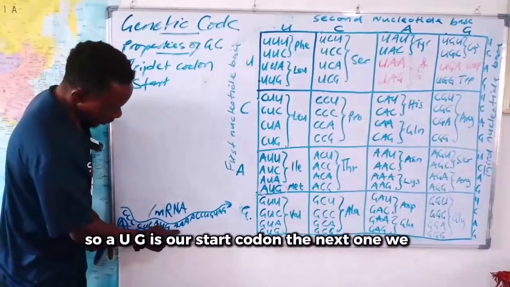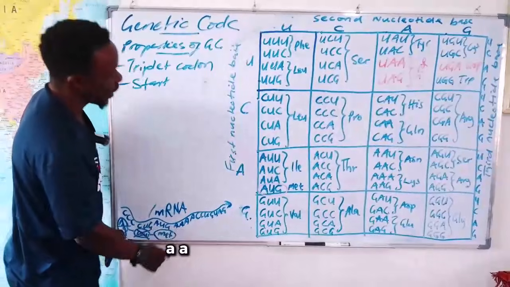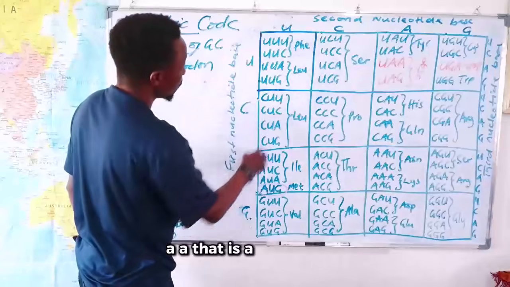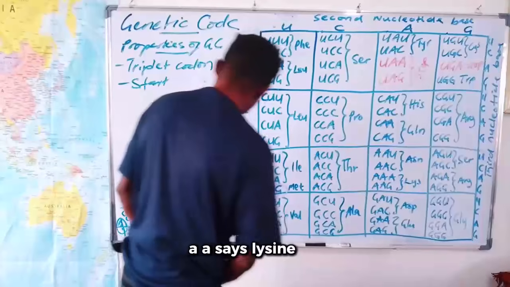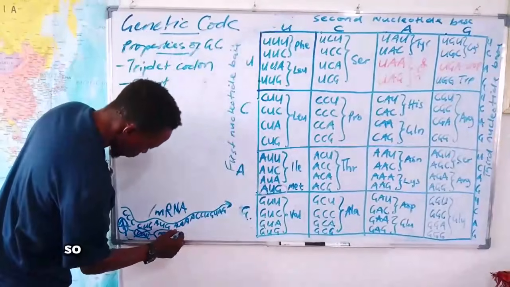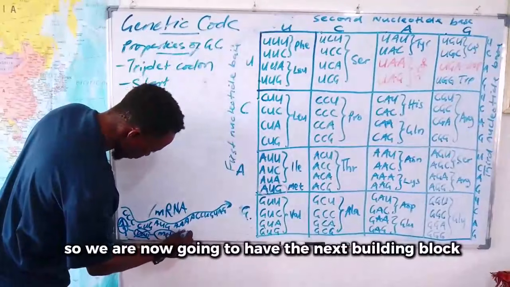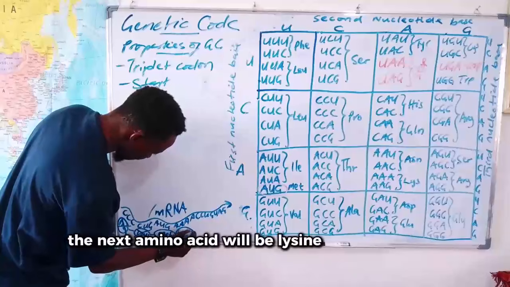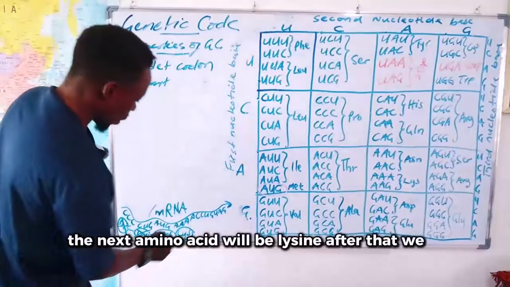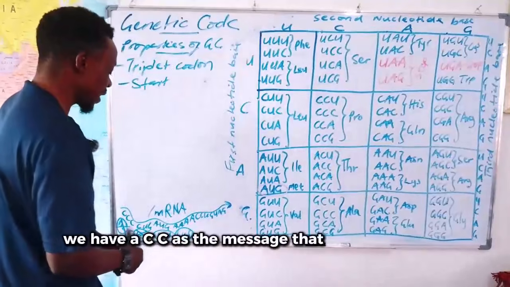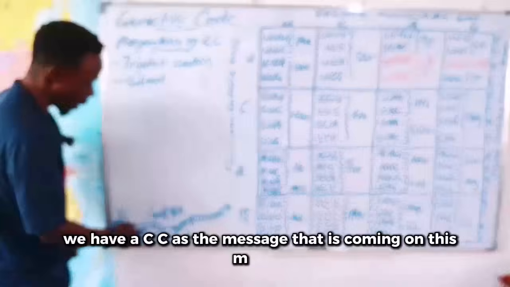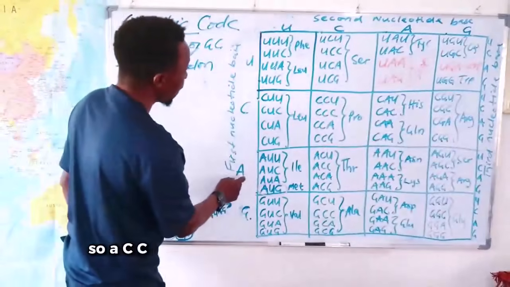The next one we encounter will be AAA. That is A and A and A. AAA says lysine. Okay, so we are now going to have the next building block. The next amino acid will be lysine. After that, we have ACC as the message that is coming on this mRNA.